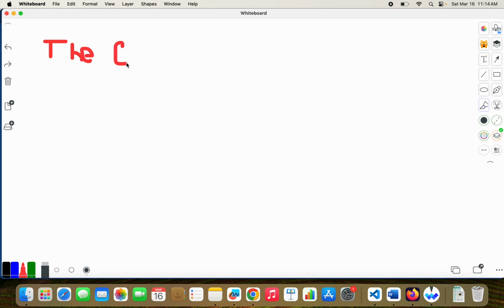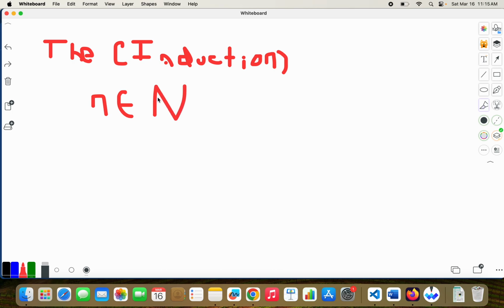Let's talk about induction now. Induction is a technique to solve proofs. Let P of n be a statement depending on n in the natural numbers. Assume base case P of 1 is true. Inductive step: if P of m is true, then P of m plus 1 is true.